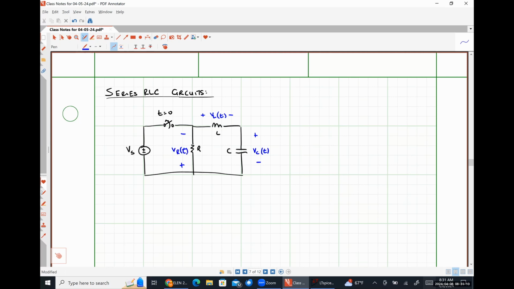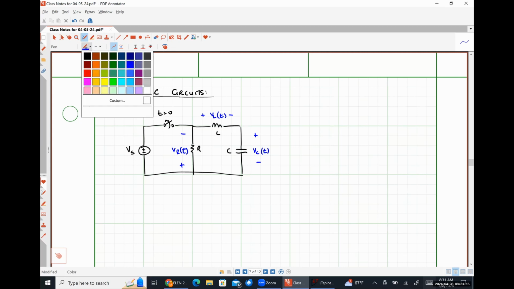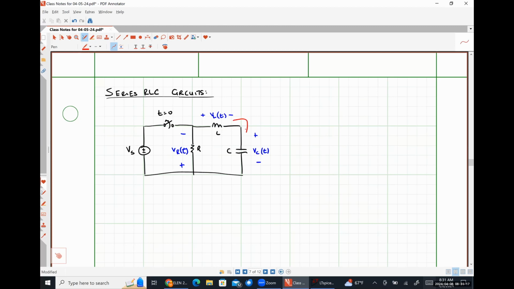I chose to put the positive polarity terminal on bottom because, as we'll see in just a moment, if this is my current I of t that's common to all three of those series elements, now I of t is flowing into the positive polarity terminal of all three of those circuit elements during the transient condition, right? So it may seem like an odd choice to put the polarity of the resistor voltage on bottom, but it was very intentional.